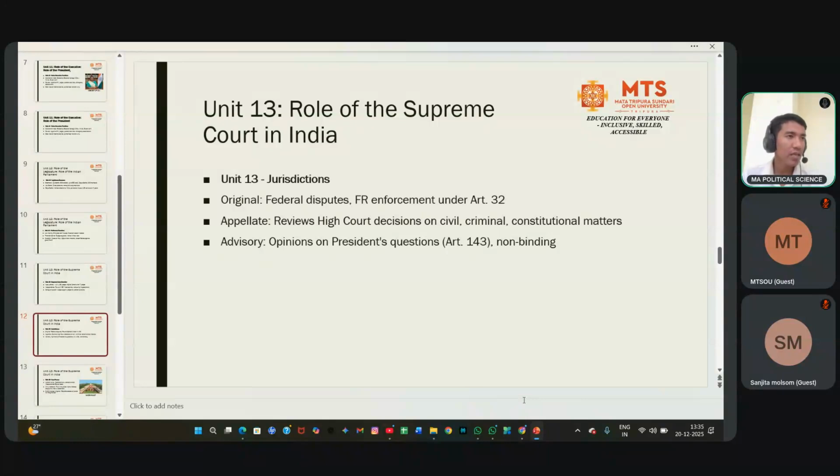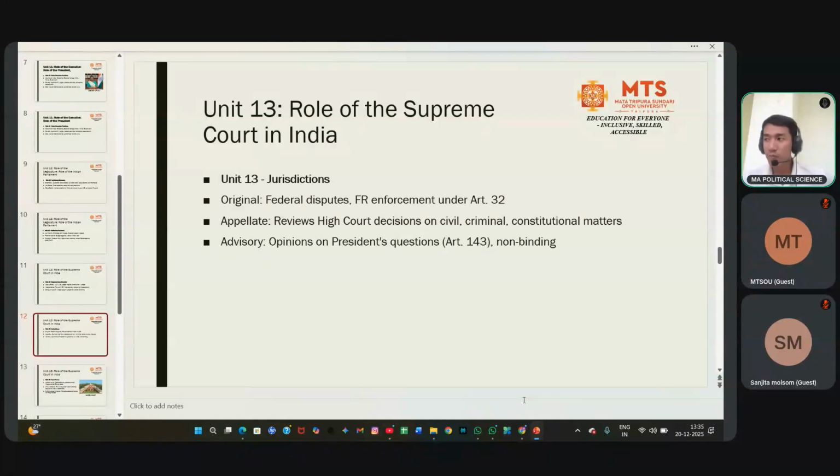Maybe Assam versus Mizoram, something like that. So at that time who can solve this? The High Court may not be powerful enough to solve. So अगर दो स्टेट के बीच में फाइटिंग है, it will be solved by the Supreme Court. So it is very important to remember.